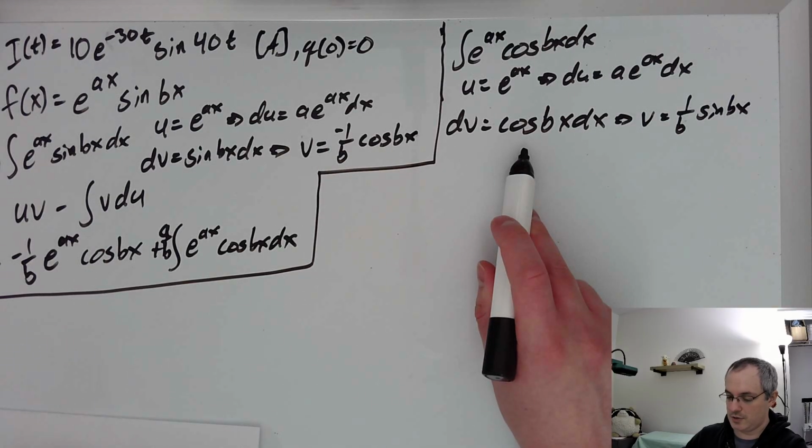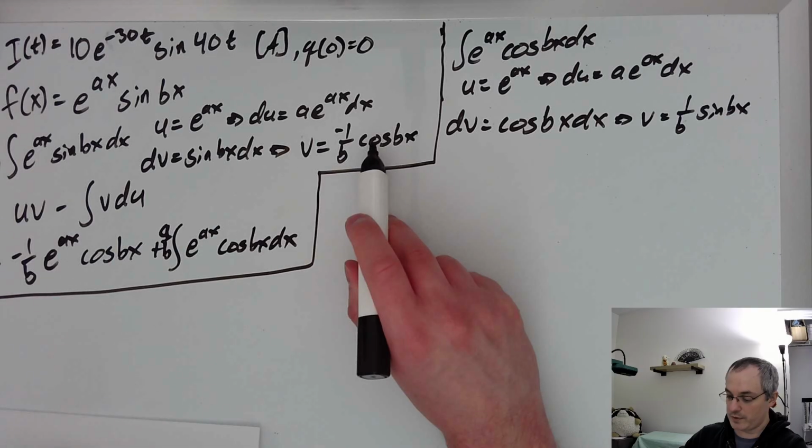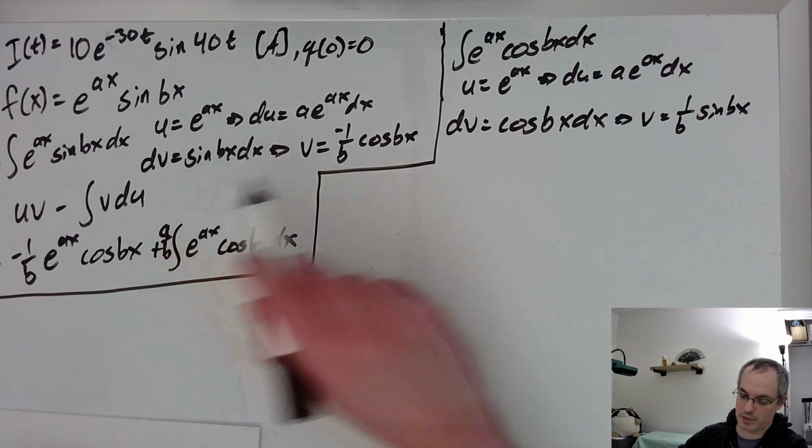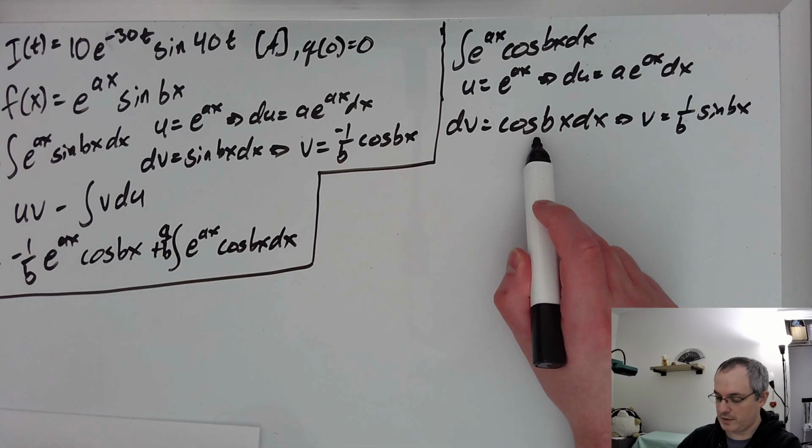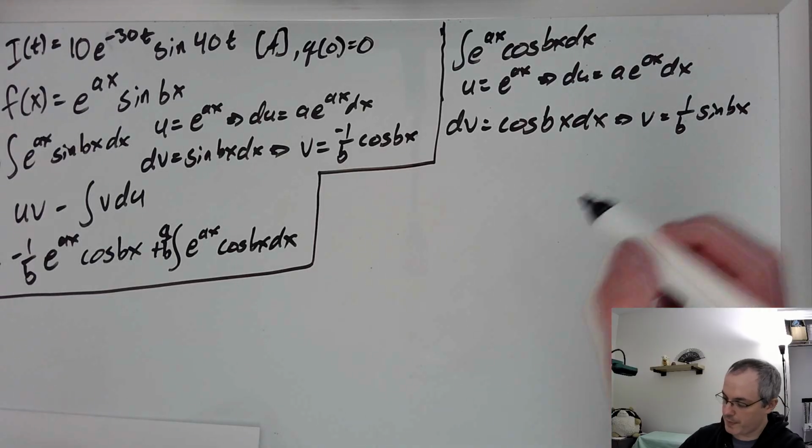The derivative of cosine gave us negative sine, so the integral of it should give us positive sine. Should be the opposite. Yeah.